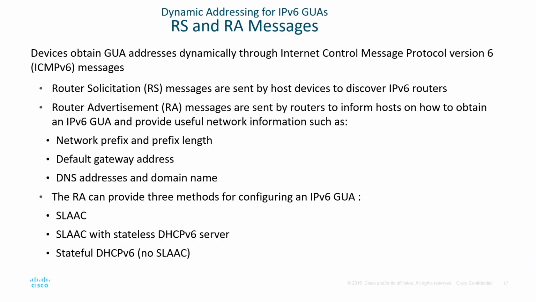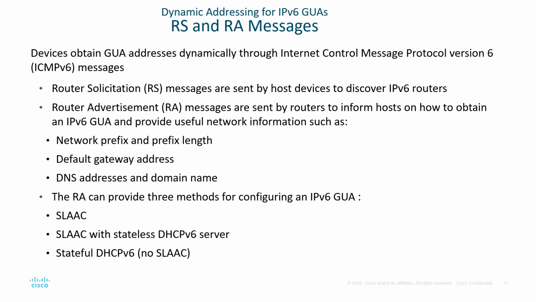Your router advertisements, your RA messages, are sent by the routers to inform the host on how to obtain an IPv6 GUA and provide useful network information, such as the network prefix and the prefix length, the default gateway address, the DNS address and domain name. The RA can also provide 3 methods for configuring an IPv6 GUA.